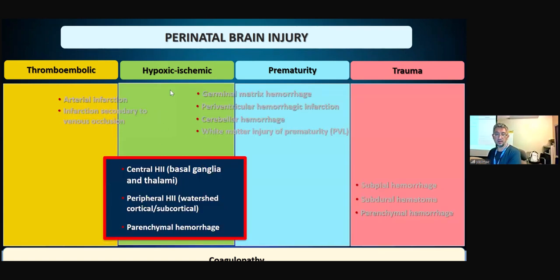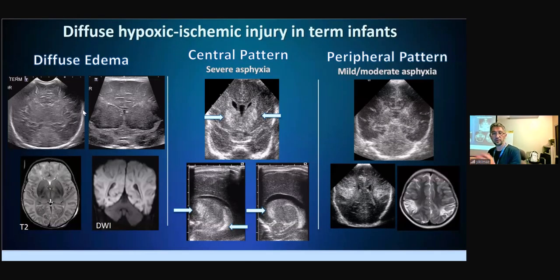After this, hypoxic ischemic injury; parenchymal hemorrhage will be later. So hypoxic ischemic injury: normally we don't see much on ultrasound, it's usually seen by MRI.